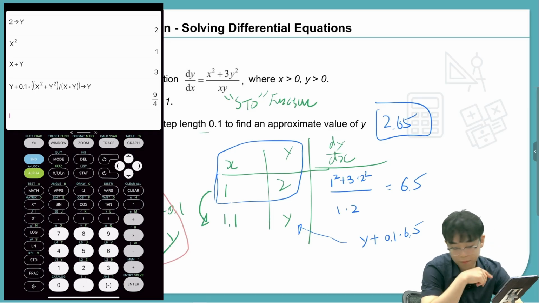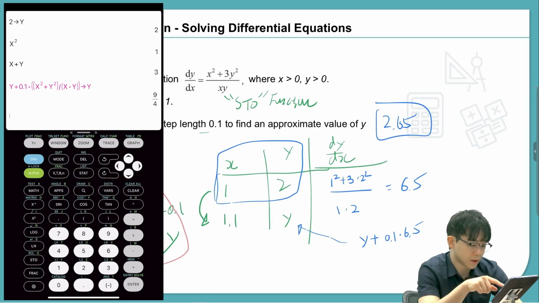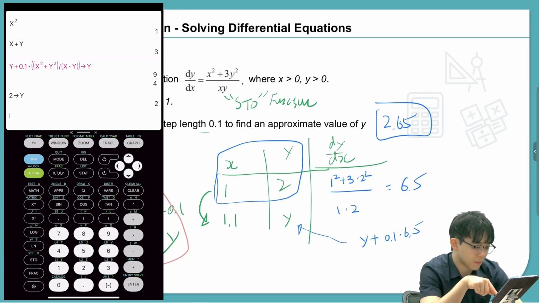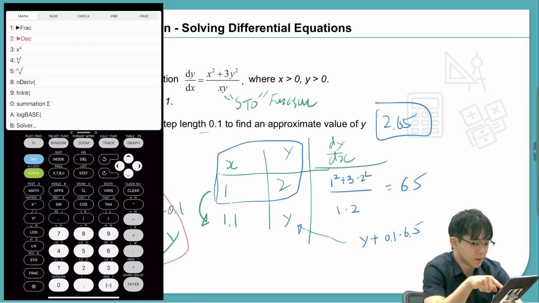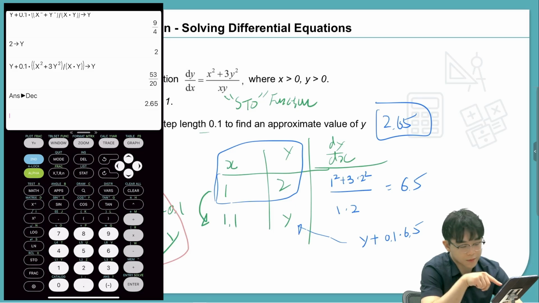So my new value of y would be updated as follows. Oh, we'd have to try again. So my value of y is 2, and it's x squared plus 3y squared, right? So my new value is, in decimals, indeed 2.65.